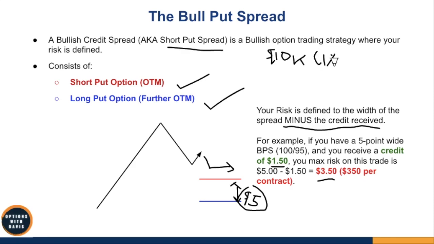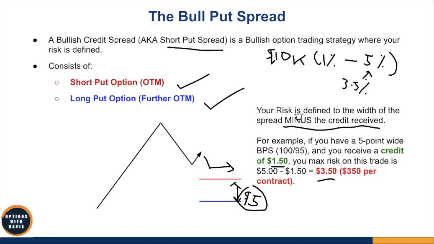Generally you want to risk anywhere from 1% to 5% per trade on your account. In this case, the maximum risk is $3.50, which is $350 per contract. That means you would be risking 3.5% to 5% per trade, right?